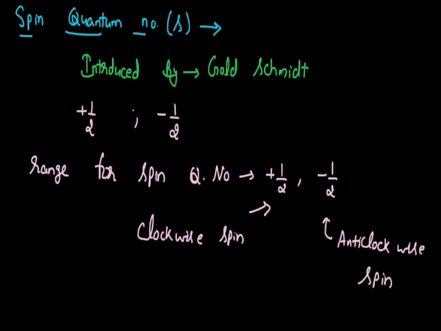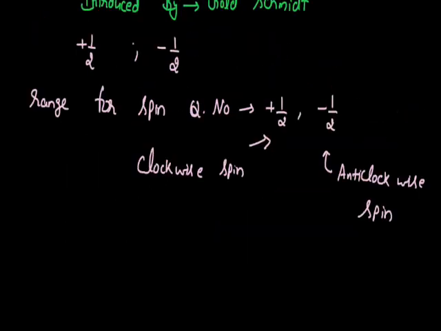Now if I talk about the maximum number of electrons in an orbital, last time we saw that the maximum number of electrons present in an orbital is 2, and these two electrons should be of opposite spin. If I indicate the orbital on paper by a square, the two electrons in this orbital will always have opposite spin.